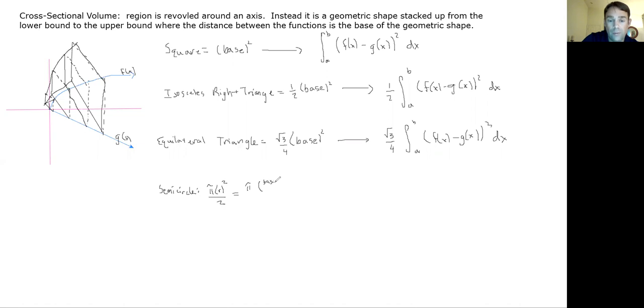So the base divided by 2, squared, all over 2. If I clean that up, that ends up being pi over 8 times the base squared. I see a pattern developing here, friends. Everything is going to be the base squared. With cross-sectional volume, all that changes is what constant goes in front.